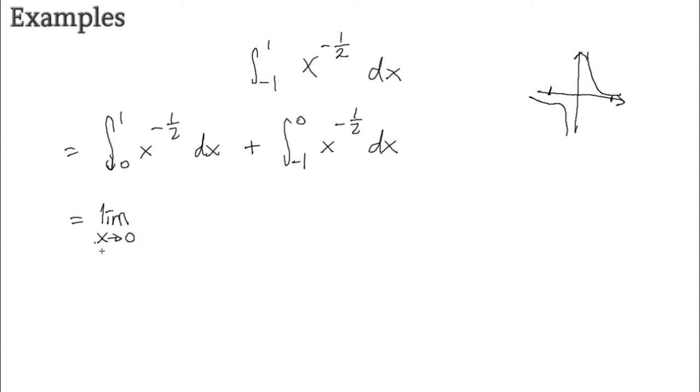So we're technically not using x as 0, we're just talking about the value of x tending towards 0. So basically it gets very, very small.